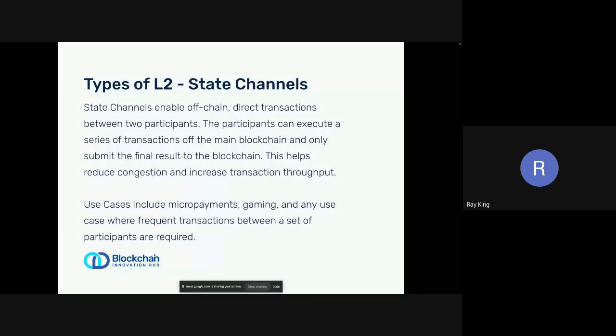Instead of the blockchain handling a countless number of transactions, it will be done off chain, and then that batch of transactions, once it's done, will be added back to the blockchain. That's what a state channel does, and it's used where frequent transactions between a set of participants are required. So probably a group of people whose transactions are quite frequent. These state channels are usually used.